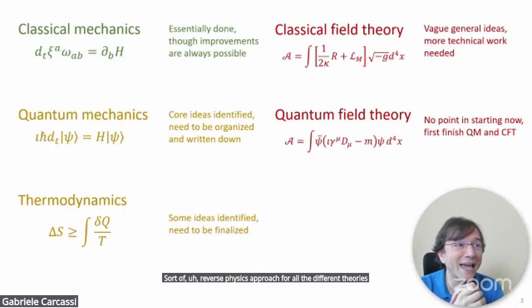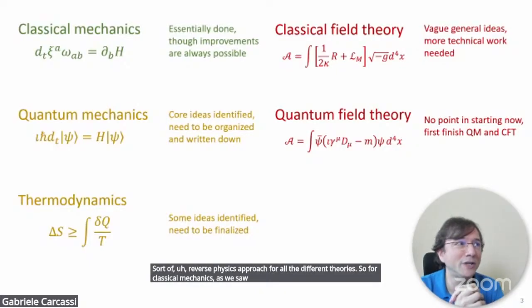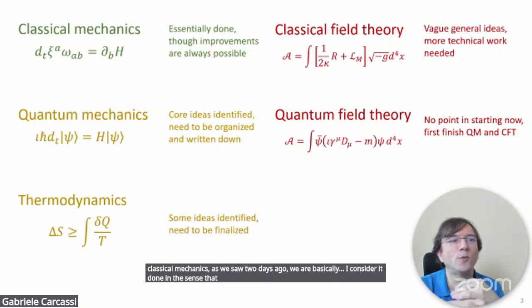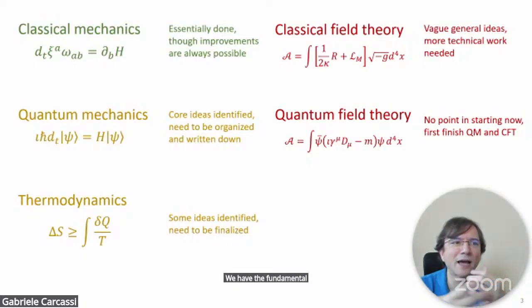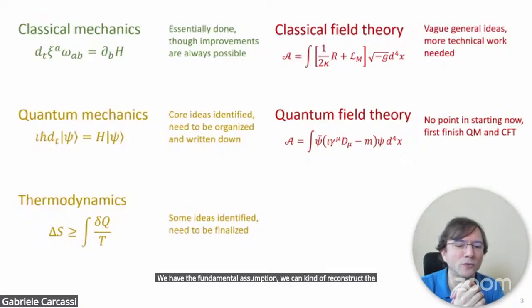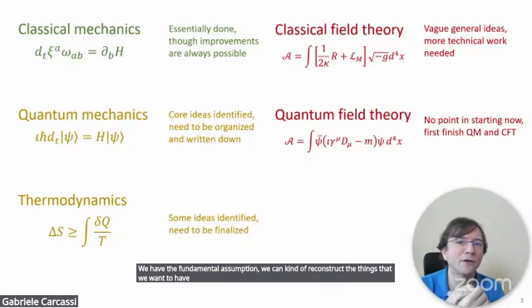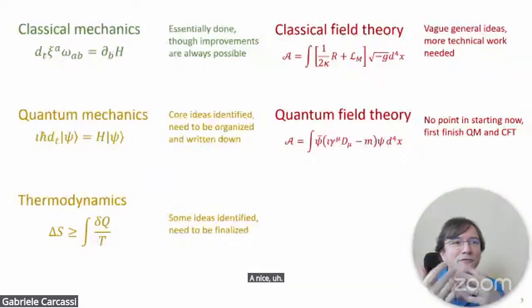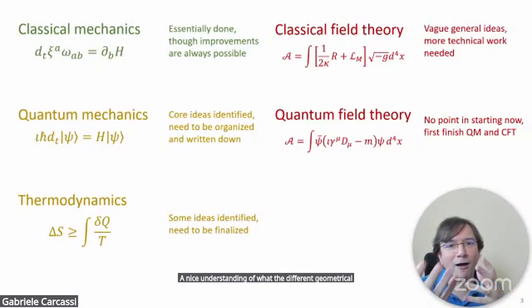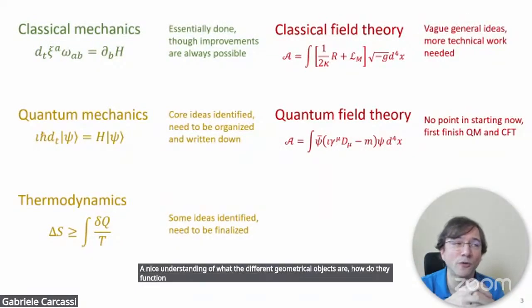For classical mechanics, as we saw 2 days ago, I consider it done in the sense that we have the fundamental assumption. We can reconstruct the things that we want to have. We have a very nice understanding of what the different geometrical objects are, how they function, and what they mean physically.